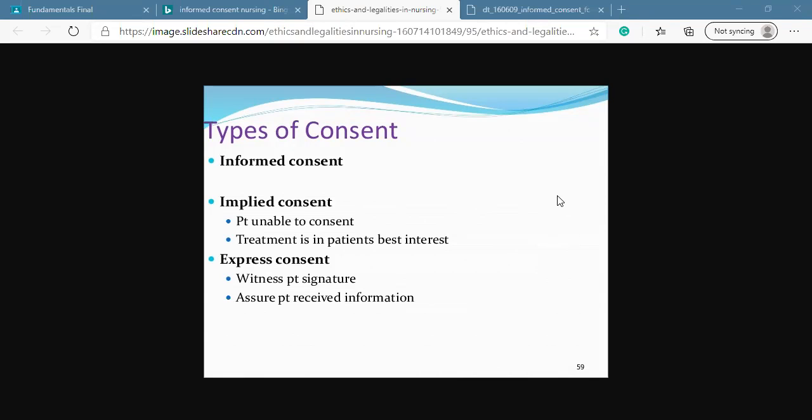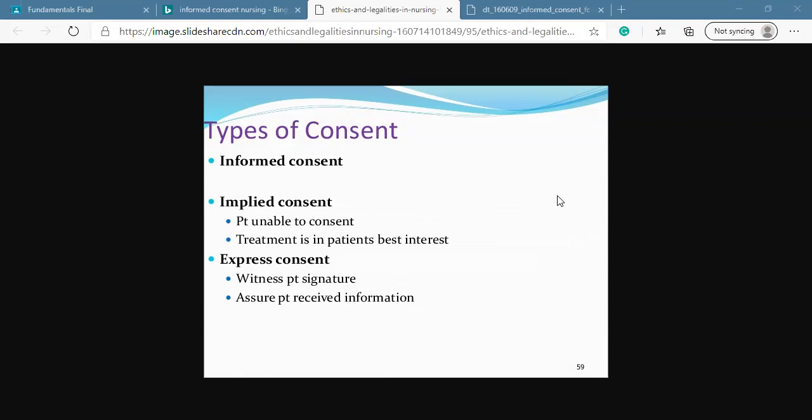So informed consent must be obtained from a client or their healthcare proxy. If patients are not able to give their informed consent, if the patient is a psychiatric patient, physically unable, or mentally not competent, right?